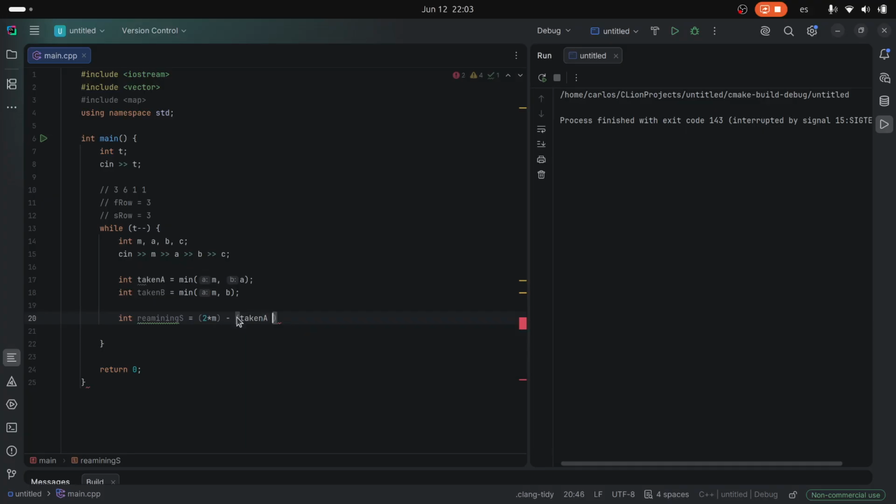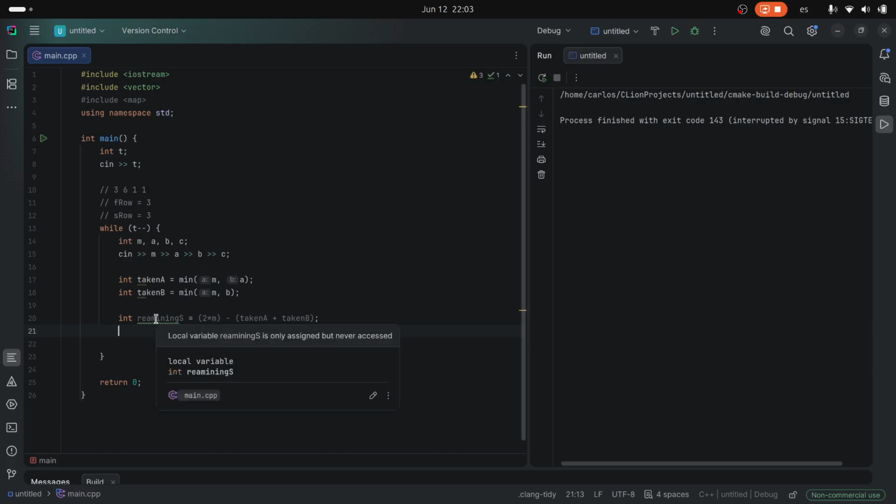We can do that by adding takenA plus takenB. This would give us how many seats we have left. Then, to calculate out of those remaining seats how many we can take, we just do the same operation but compare the remaining seats with c.